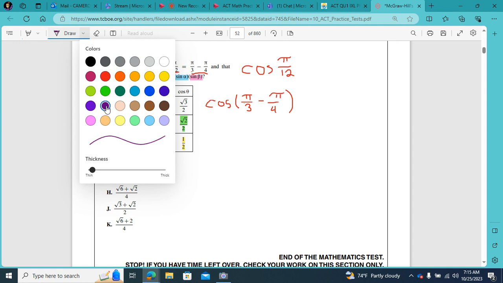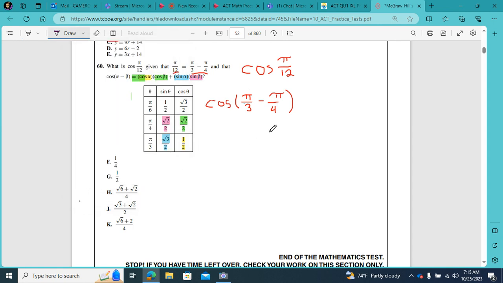Let's go purple for our cobras. So cosine alpha was my first one, the yellow.